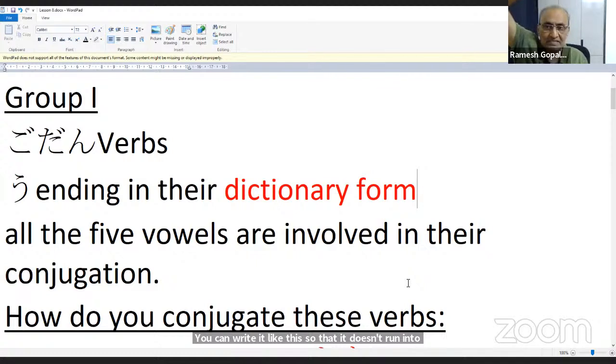Yes, the U sounds are all in the dictionary form. So above the U line, write dictionary form. Please don't let it run into the other thing. That's why I tell you not to write it like that, write it like this.